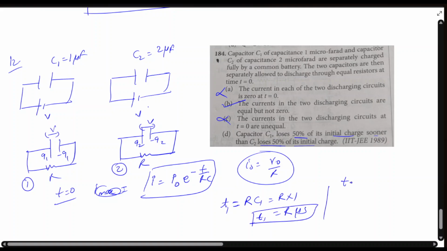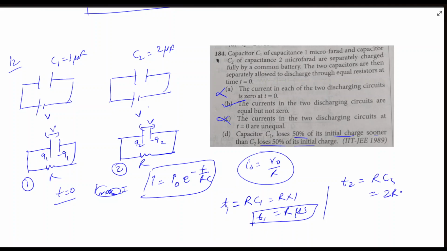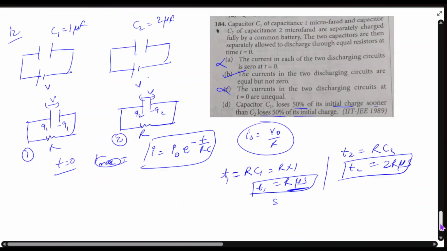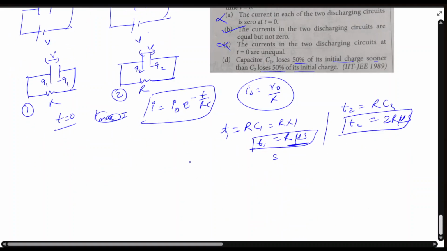Now let's find the time constant for 2. It will be RC2, so it will be 2R microseconds, right? So C1 will take R microseconds, so it will be R upon ln2, right? You know that.